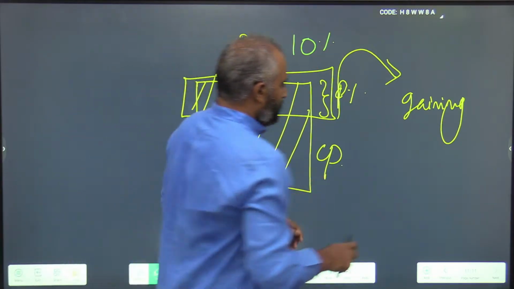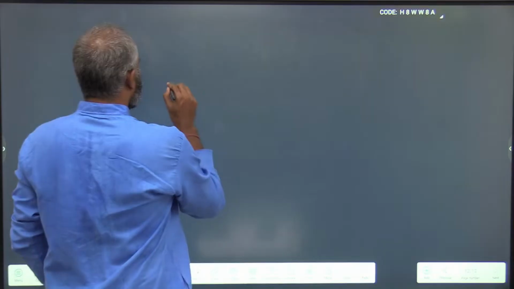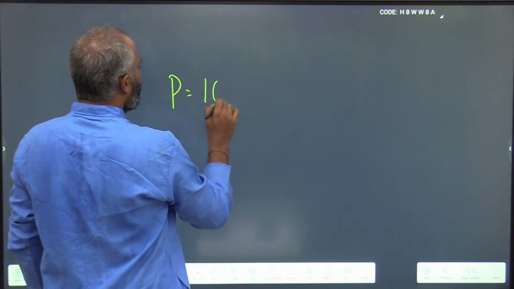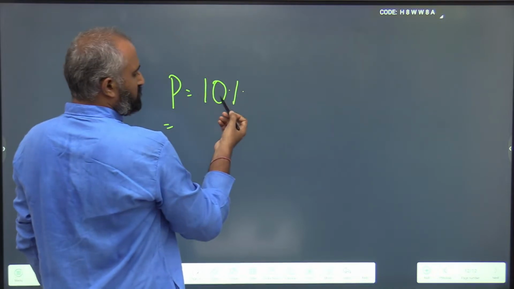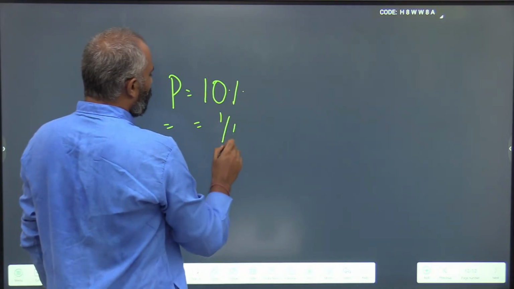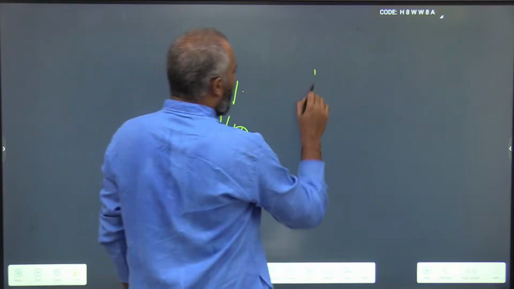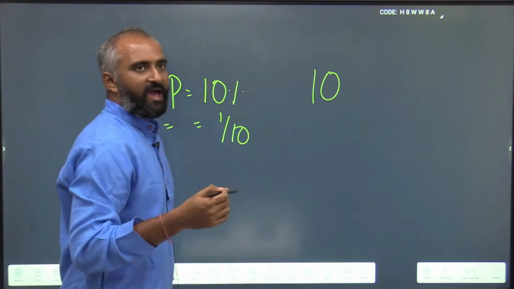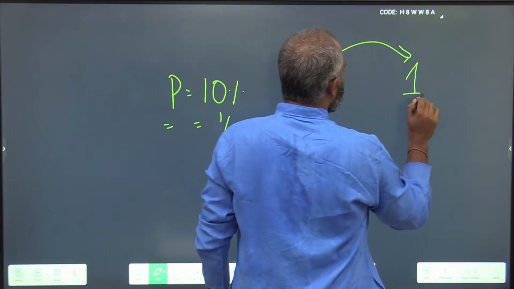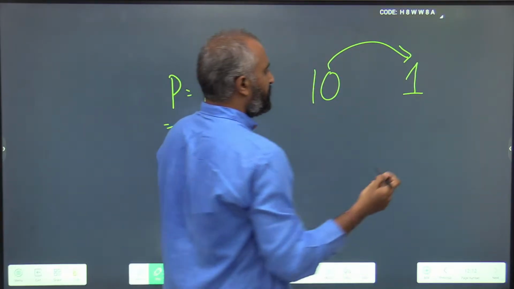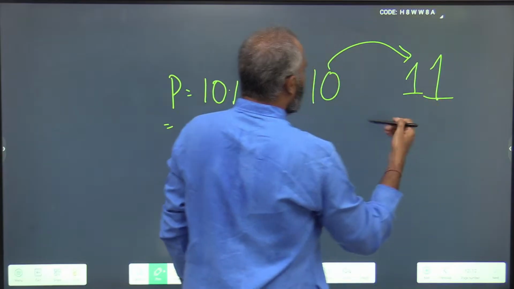So using this, I know my profit is 10%. So what is 10%? It is 1 out of 10. That means if I have 10 units, I am gaining 1 unit. Profit is gain, right? That means I have 11 rupees now.